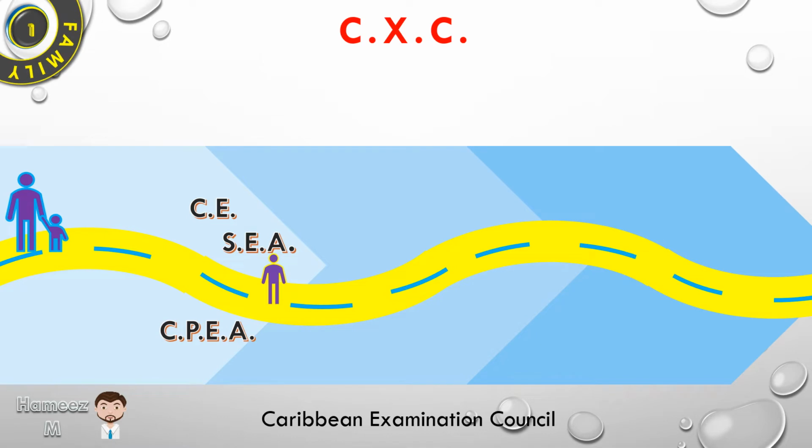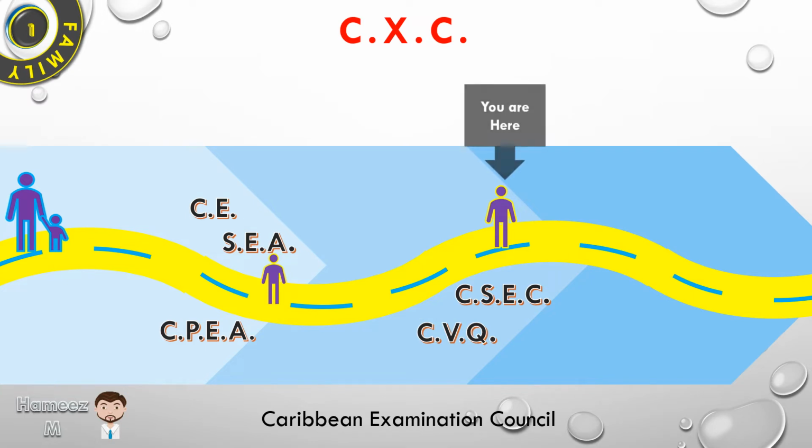as we transition to secondary school. Our final assessment there at the end of 5 years is known as CSEC, Caribbean Secondary Education Certificate, and this is where we are.